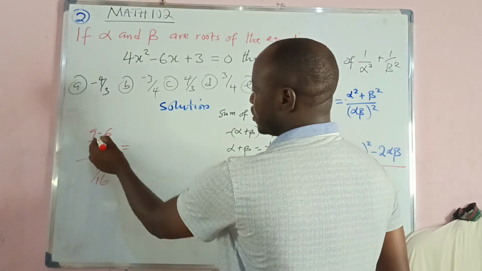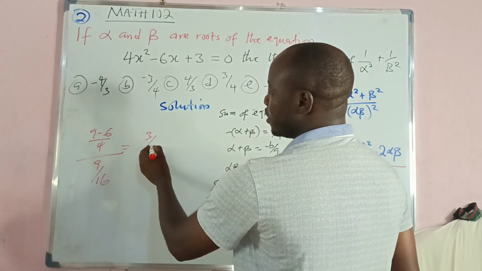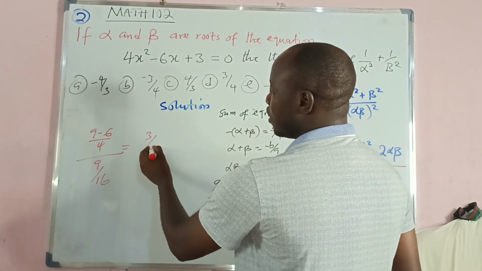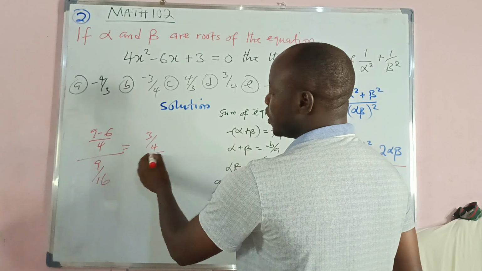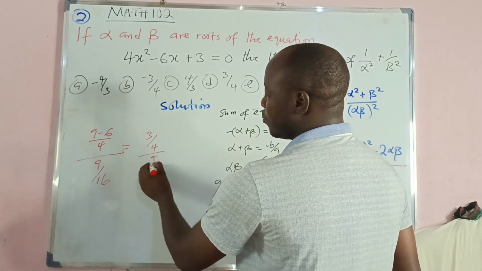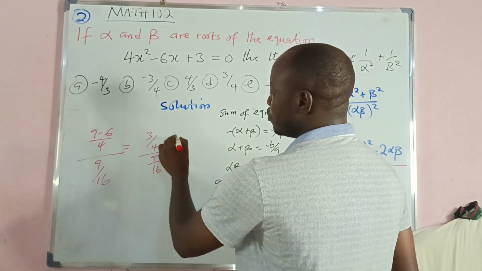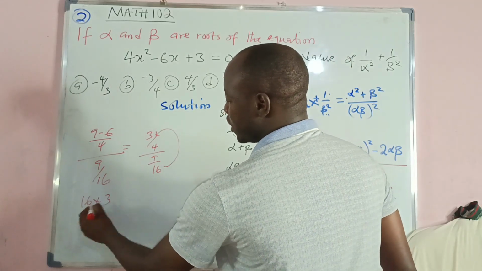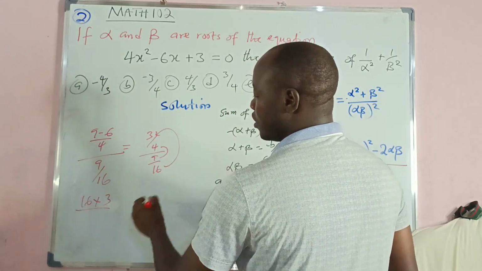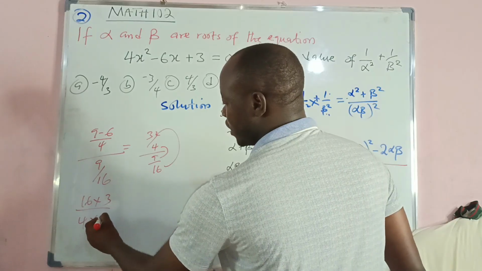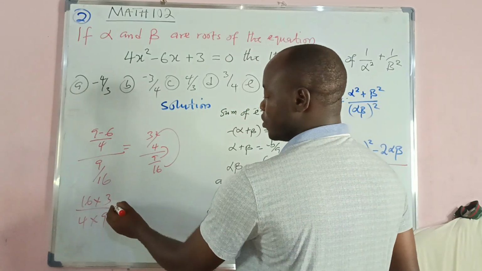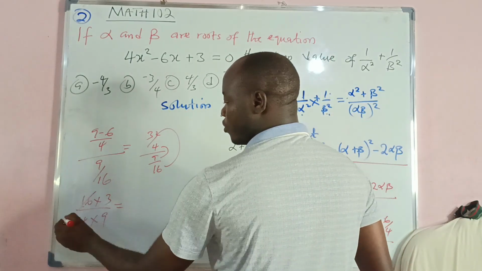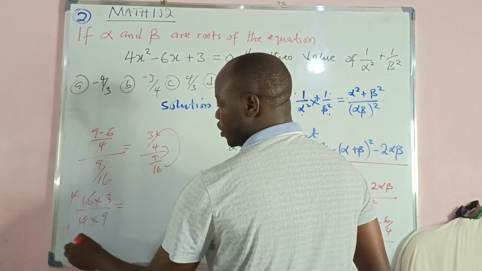This is the same thing as 9 minus 6, which is 3, over 4, then divided by 9 over 16. So now we are going to say 16 times 3 divided by 4 times 9. So this is the same thing as 4 here is 4, 4 here is 1.